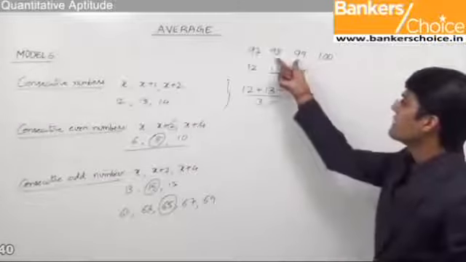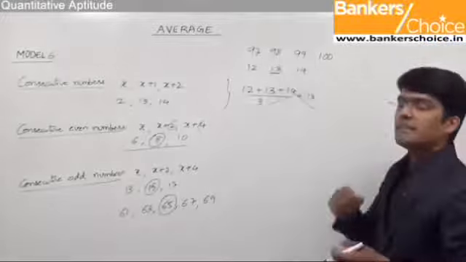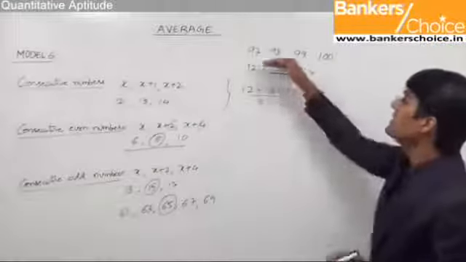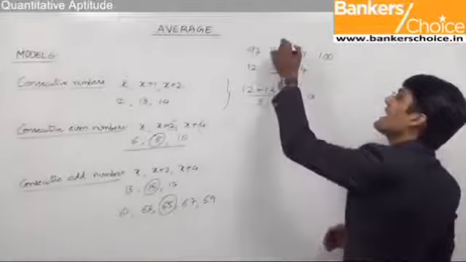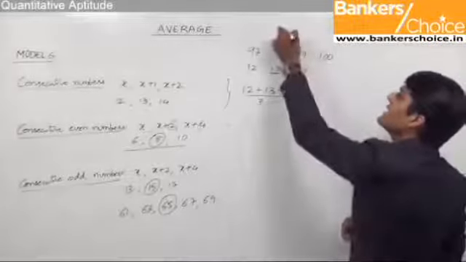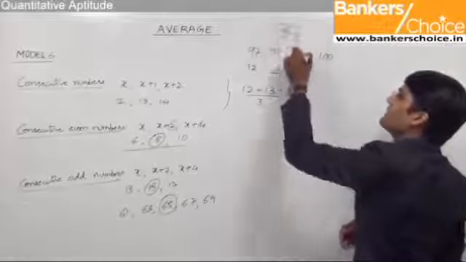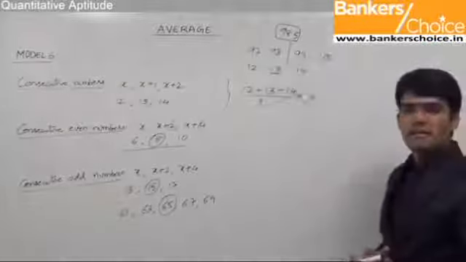Instead, we have 2 numbers which form the middle, that is 98 and 99. So the average for these 4 consecutive numbers should be taken as the number which comes exactly in between 98 and 99. That is nothing but 98.5. So this is going to be the average for 97, 98, 99 and 100.